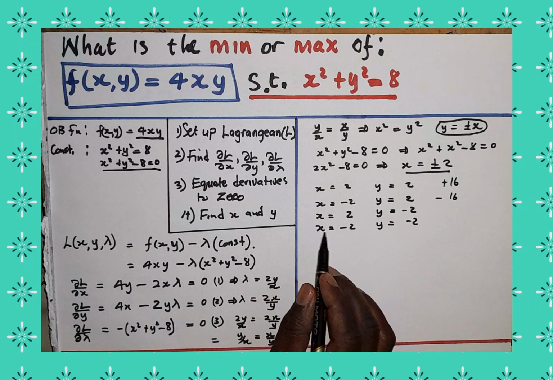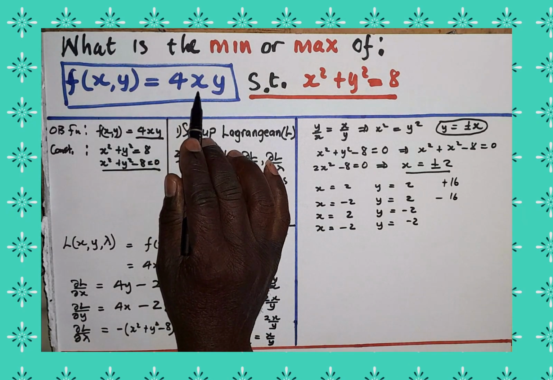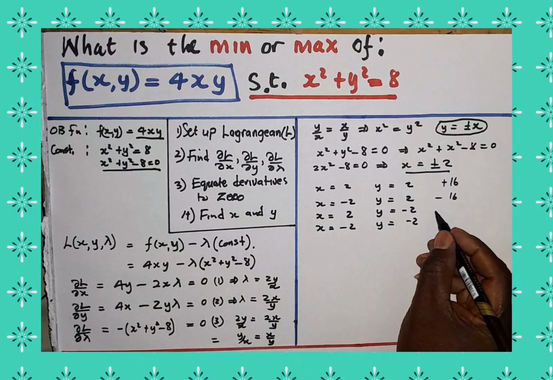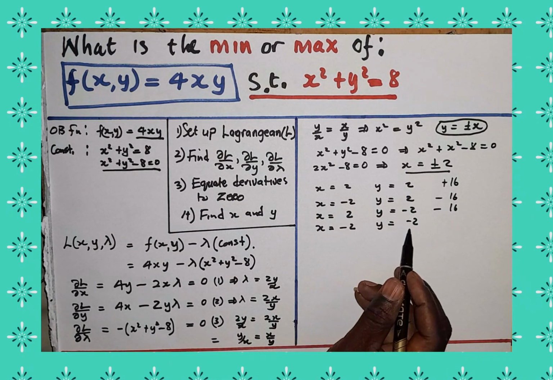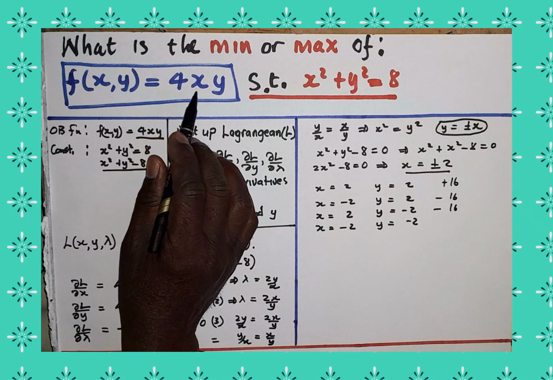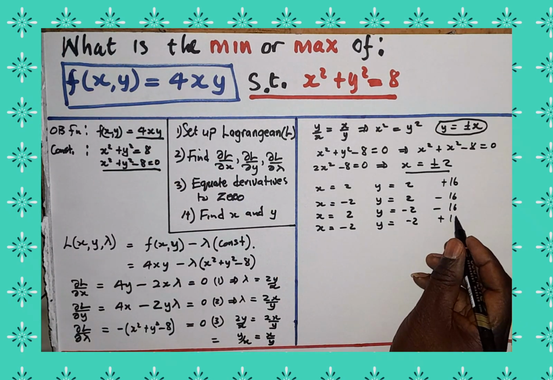Third scenario, x is 2, y is minus 2, 4 times plus 2 times minus 2, it's a minus 16. Lastly, we have a minus 2 and a minus 2, so that gives us 4 times minus 2 times minus 2, which is a plus 16.